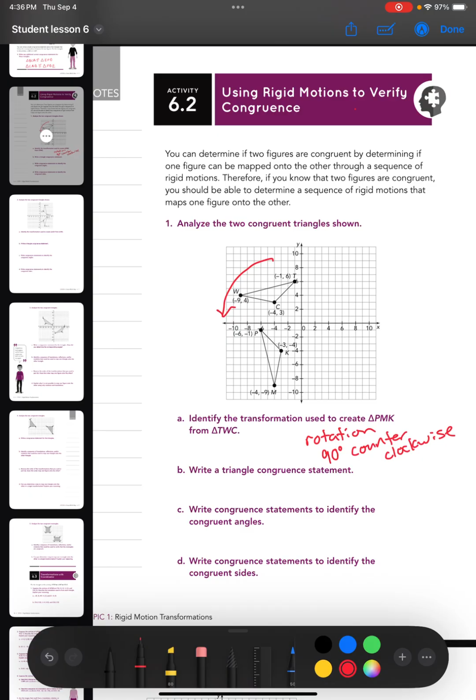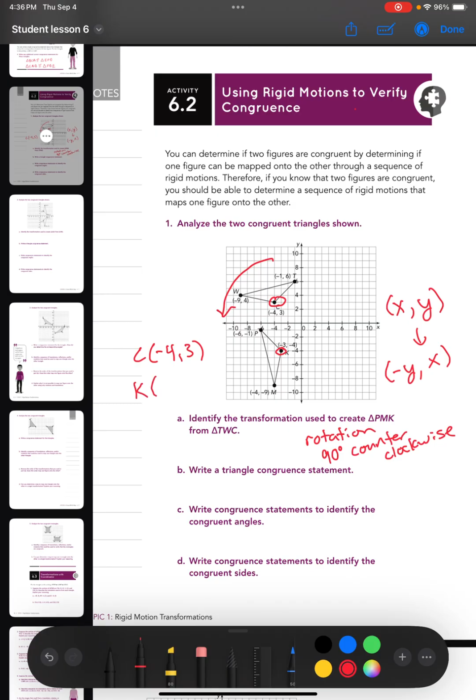That 90-degree counterclockwise rule, if we go back to our rules, is that (x, y) becomes (negative y, x). So if we test one of the points, point C, which looks like it should correspond to point K, point C is at (negative 4, 3).